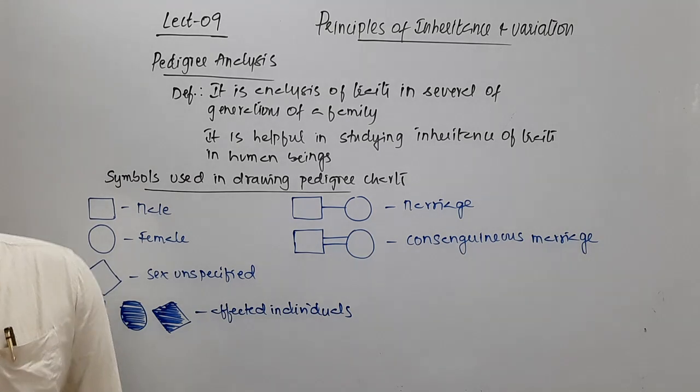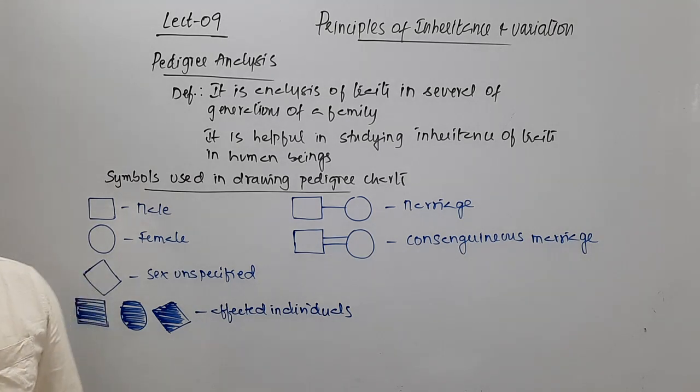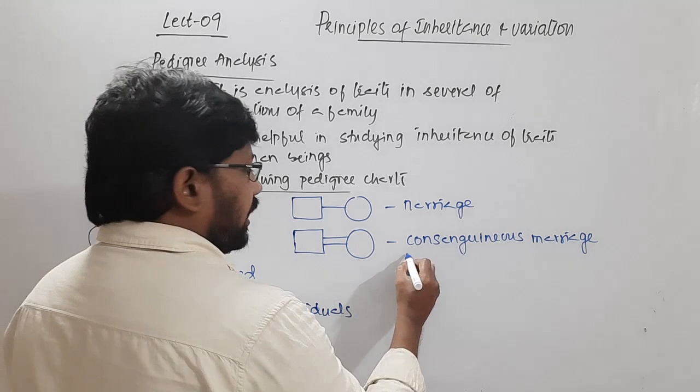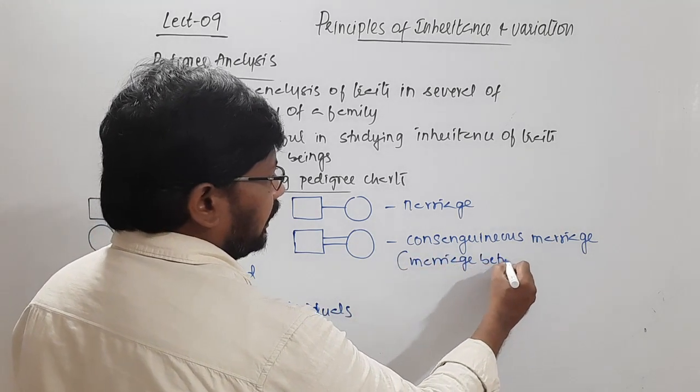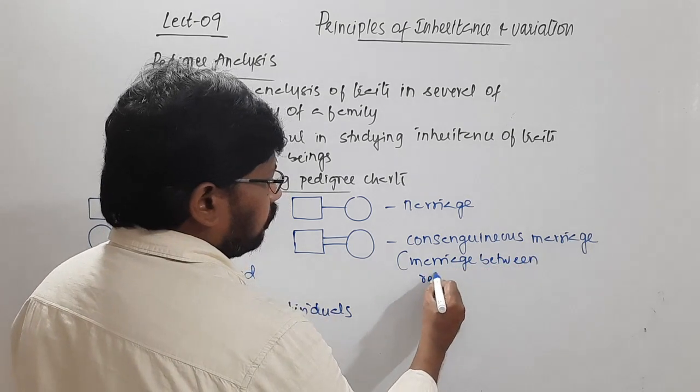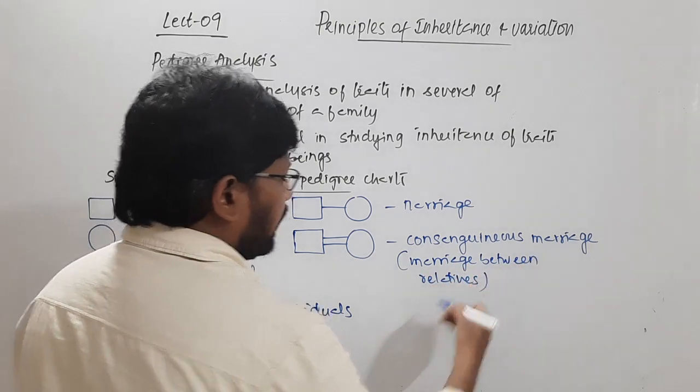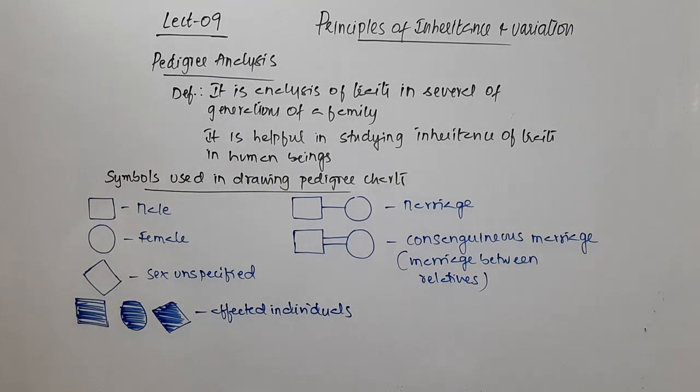Consanguineous marriage means marriage between relatives. Those marriages among relatives are what we call consanguineous marriage.